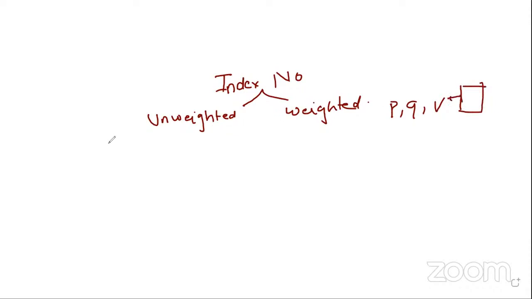In unweighted, we take simple averages. In unweighted, we have two things. One is called the simple average. You will get these things in PDFs and all, but try to understand it because it's a very big chapter and I'm doing it very briefly. The second one is something called the simple aggregate index.